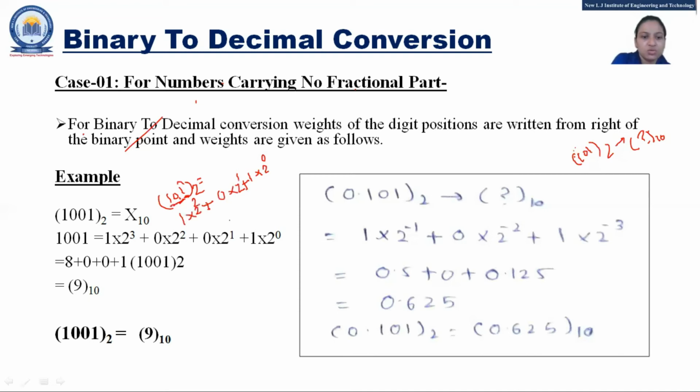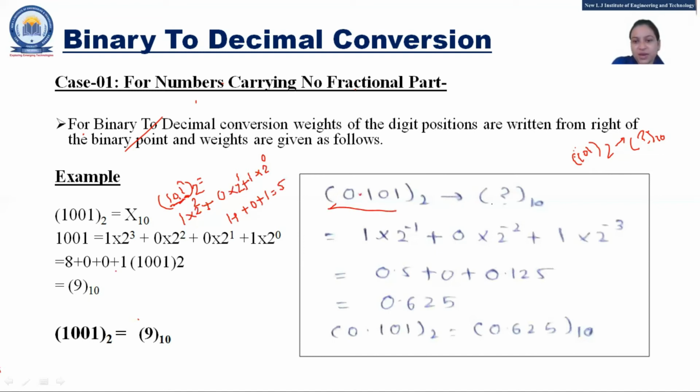So 2 raised to 2 is 4, so 4 plus 0 plus 1 into 2 raised to 0 power, that is 1. So our equivalent decimal is equal to 5. So this is how we can get the decimal equivalent of a binary number. Now let's talk about our fraction number.